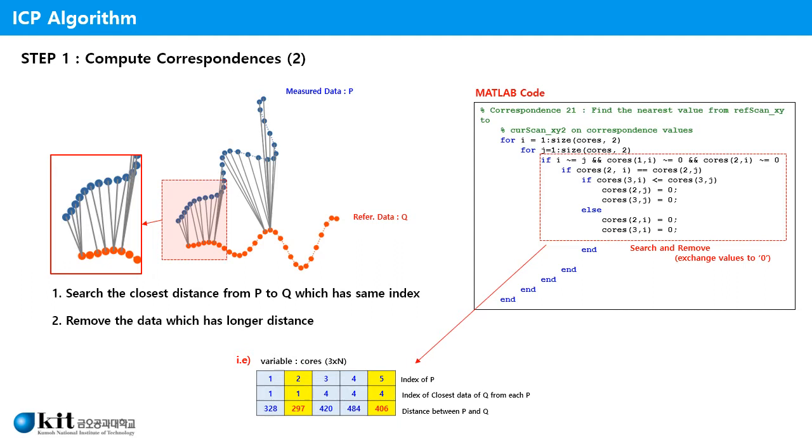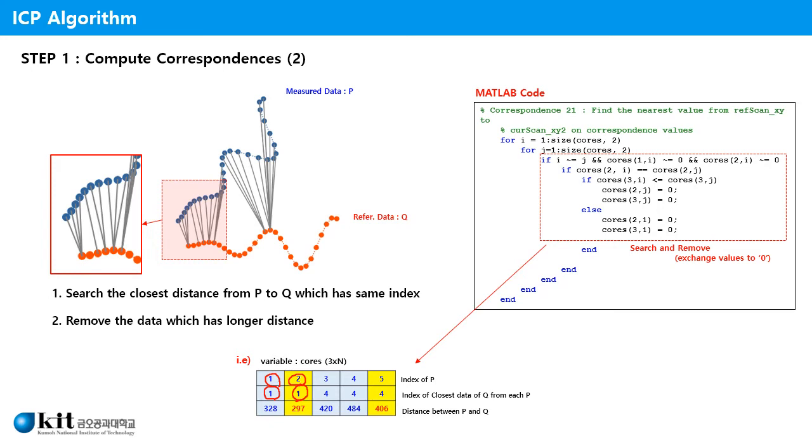And then, for getting a more exact correspondence result, we compare the values which have the same index of Q. As you can see, index 1 of P has the nearest point information, index 1 of Q, like this. And index 2 of P also has the same point information, index 1 of Q, like this.